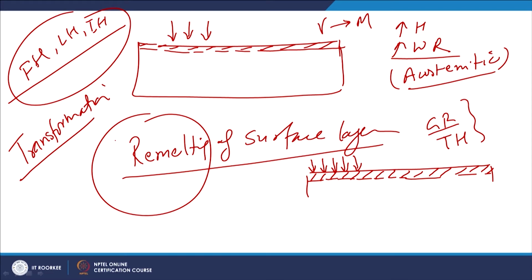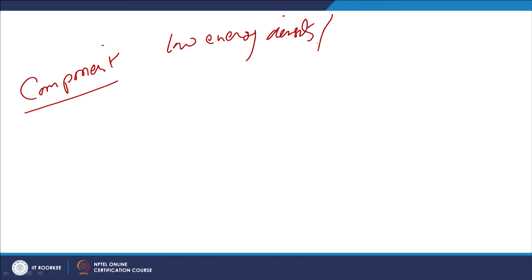So, what is the logic behind this technique? For that we have to see that the components made using low energy density processes, or those processes wherein the metal experiences a low cooling rate during solidification or during manufacturing, are affected.